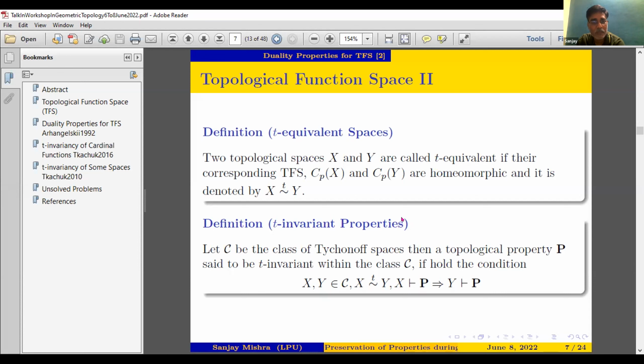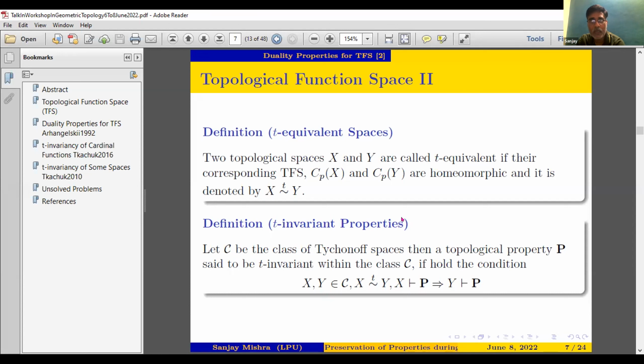One is a base space, X and Y, and another is a richer space, C_p(X) and C_p(Y).